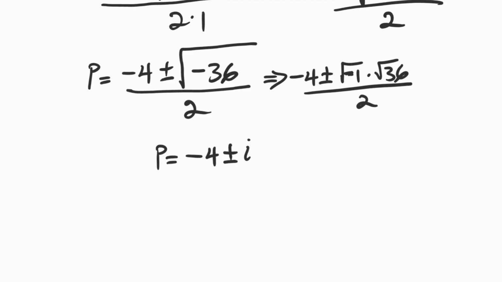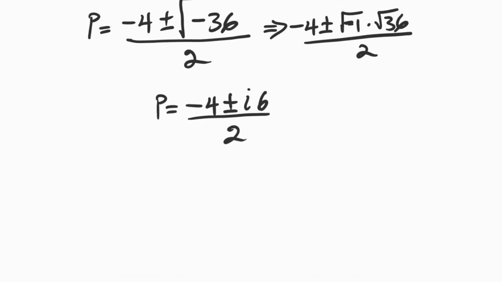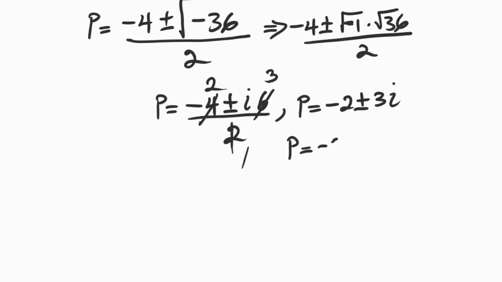The root of 36 is 6, because 6 squared is 36, divided by 2. So we can collect like terms from here. 2 is 1, 2 is 2, and that's 3. So p is equal to minus 2 plus or minus 3i. So p is minus 2 plus 3i, minus 2 minus 3i.